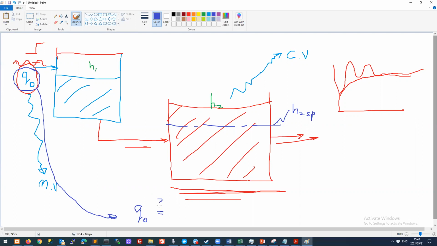So there's some relationship between the set point, H2 set point, and the current value. The current value we'll call H2 of t. So at the current time the value is H2, and there's going to be some difference between what we actually have and what we want to have.